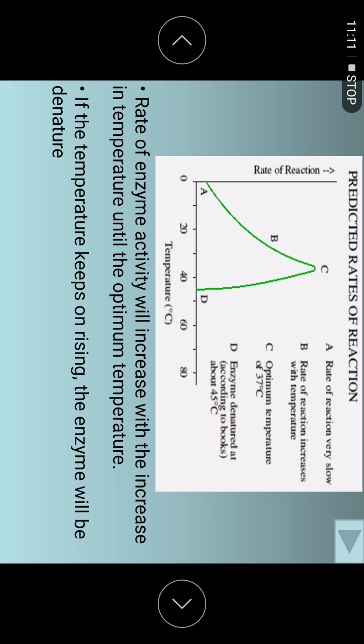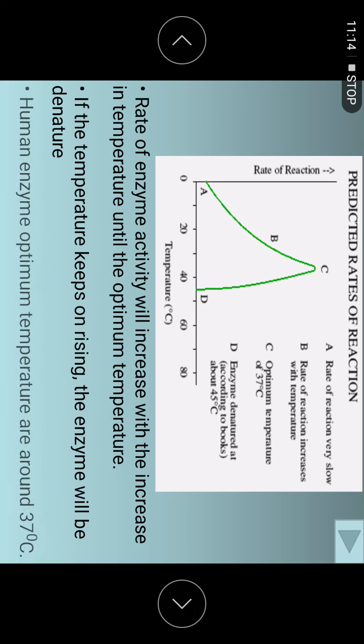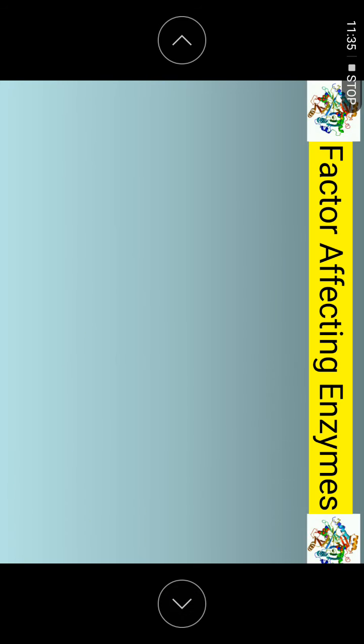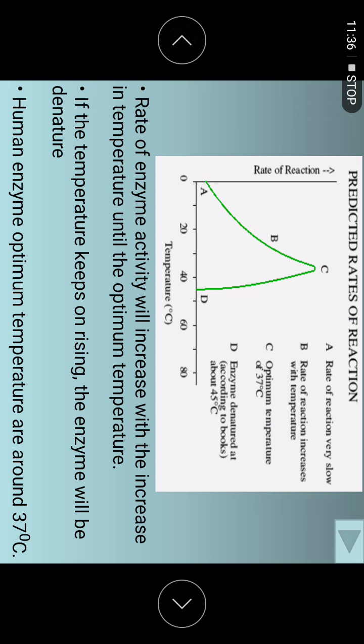If the temperature keeps on rising, the enzyme will be denatured. Now it's different from the pH. For temperature, if the enzyme is denatured, it will not go back. Even though I cool down your body again, it will not be good. It needs time to produce new enzyme in order to carry out the reactions in the body again.